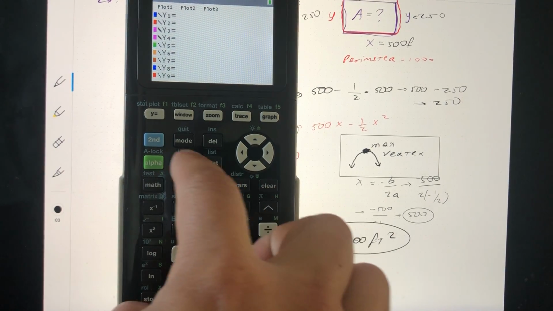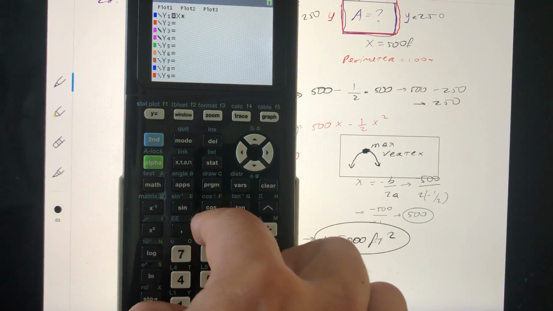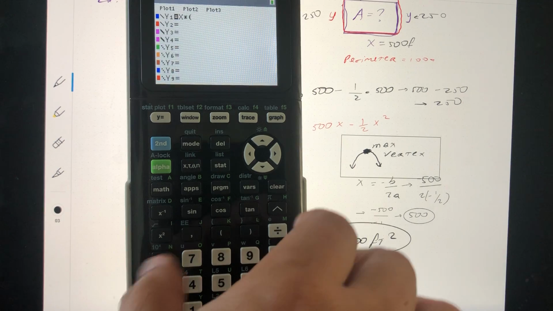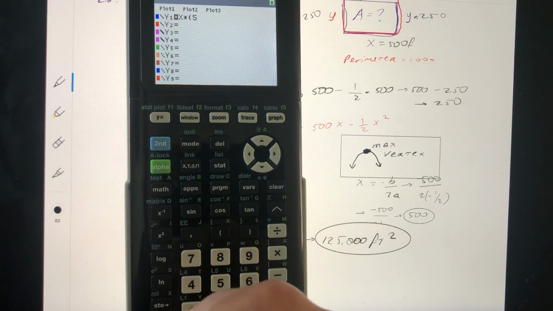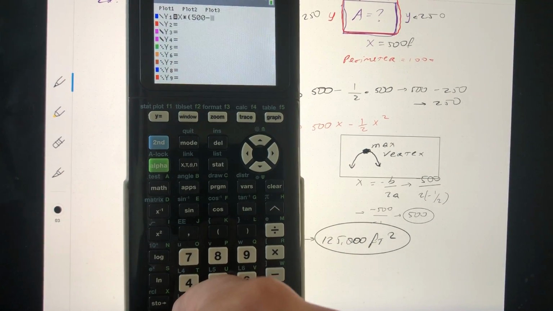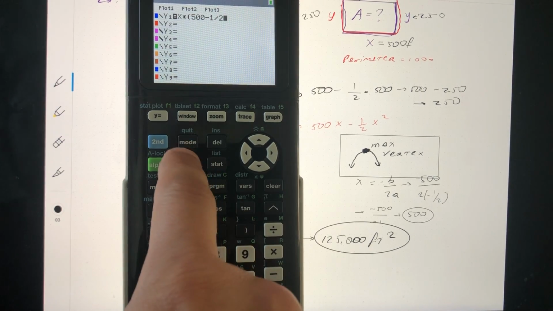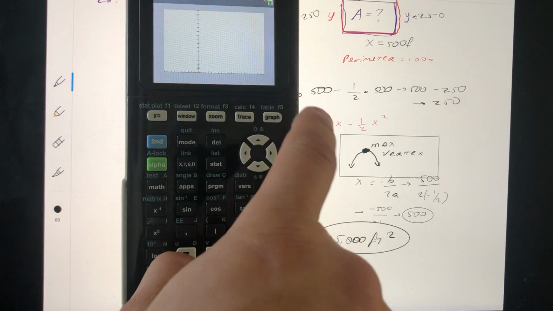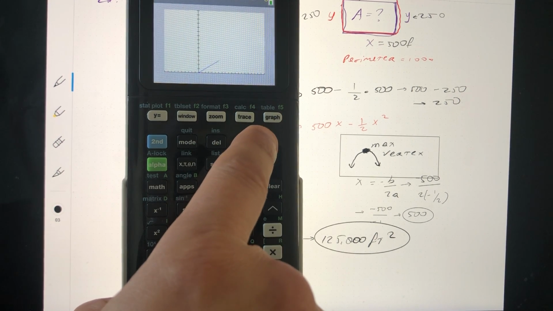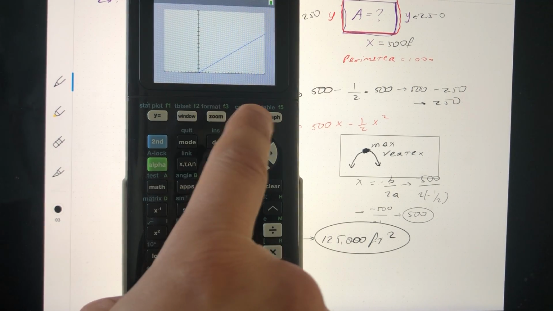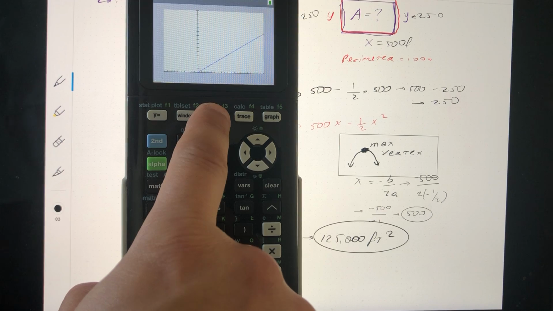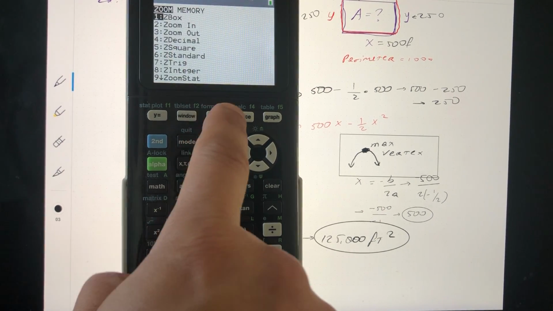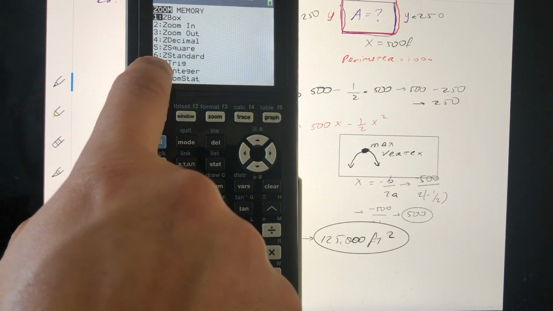And the original is x times, and then in parentheses we have 500 minus half of x, close parentheses. And let's look at the picture. Now that's a window from the old equation. That's not good. Well, let's change the window back to the standard, zoom 6, zoom standard.